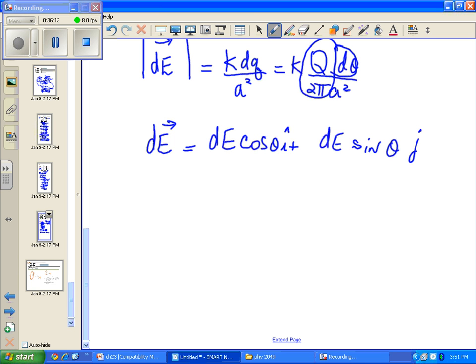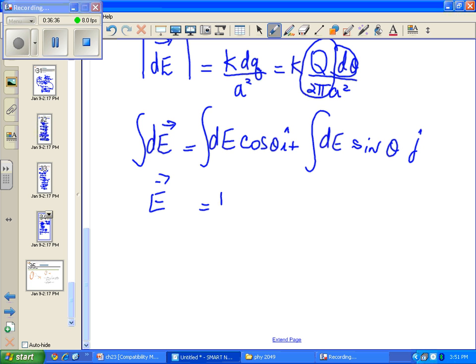Let's put our i hat and our j hat, and let's just see how we would set up these integrals. Well, E then would be the integral of dE. Ex would be the integral of dE cosine theta i hat, and Ey would be the integral of dE sine theta j hat.